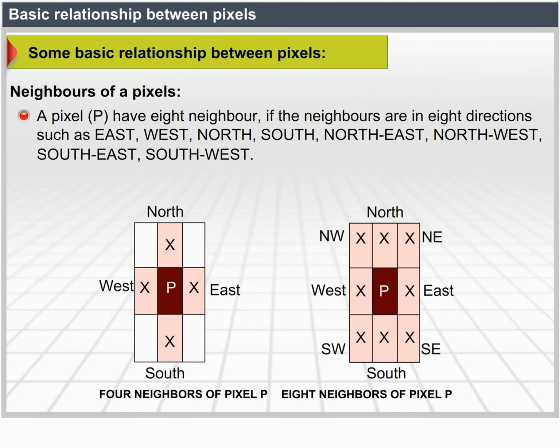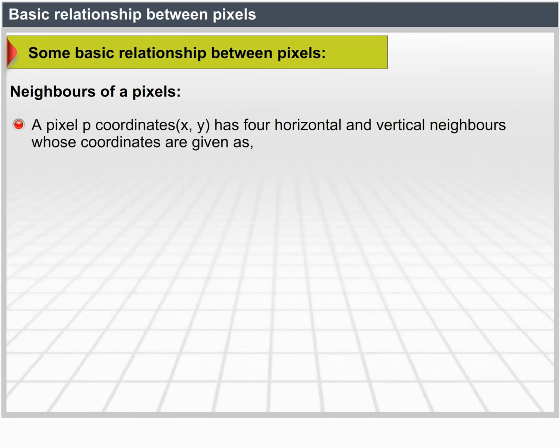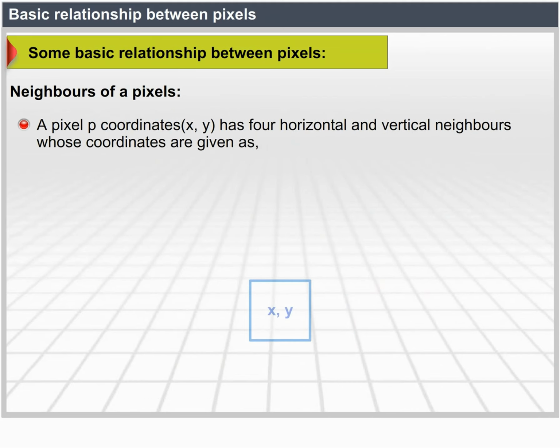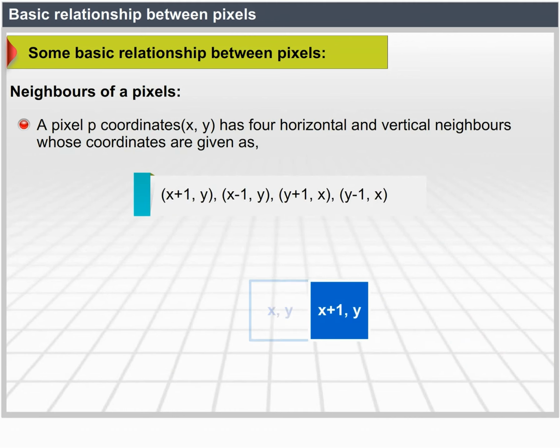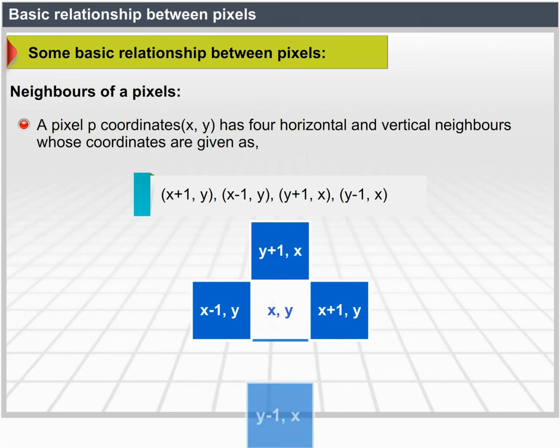A pixel P has 8 neighbors if the neighbors are in 8 directions, such as east, west, north, south, northeast, northwest, southeast, southwest. A pixel P with coordinates x, y has 4 horizontal and vertical neighbors whose coordinates are given by (x+1, y), (x-1, y), (x, y+1), (x, y-1).